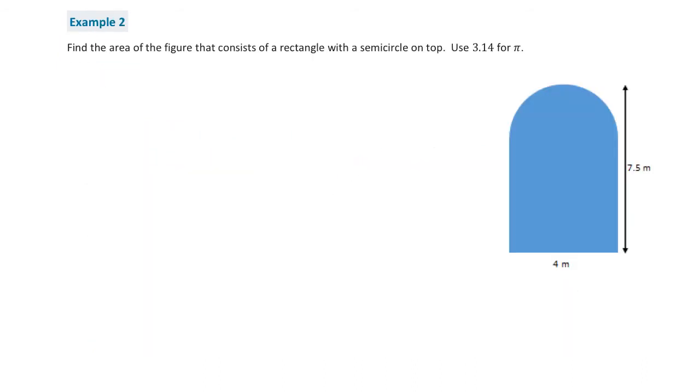Let's go on to the next page with example 2. It says find the area of the figure that consists of a rectangle with a semicircle on top. Use 3.14 for pi. So here we know that the area of a rectangle is going to be base times height.